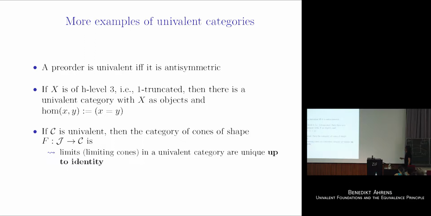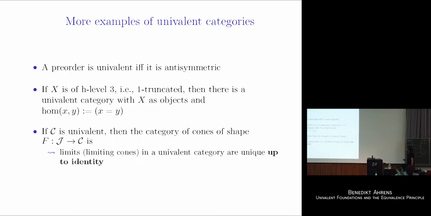This means that two objects A and B are the same whenever A is smaller than B and B is smaller than A. If X is a type of h-level 3, or a one-truncated type, then we can form a univalent category where the objects are given by the type X, and the morphisms from X to Y are given by identities from X to Y. And this is maybe more interesting for category theorists.